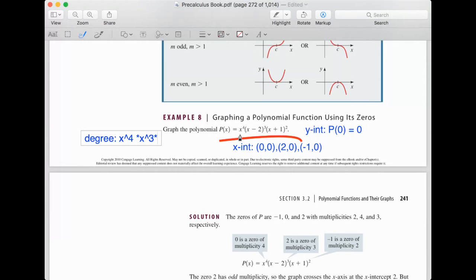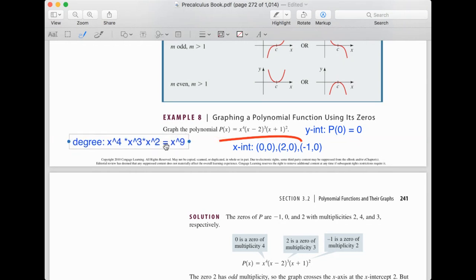In this factor, we have x to the 4th. In this factor, we have x to the 3rd. In this factor, we have x squared. So that equals x to the 4 plus 3, 7 plus 2, 9. So this is a degree 9 polynomial.